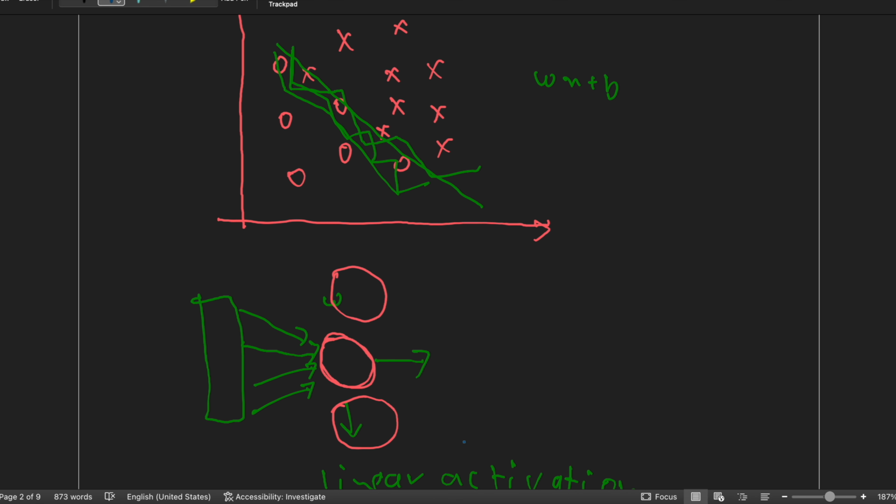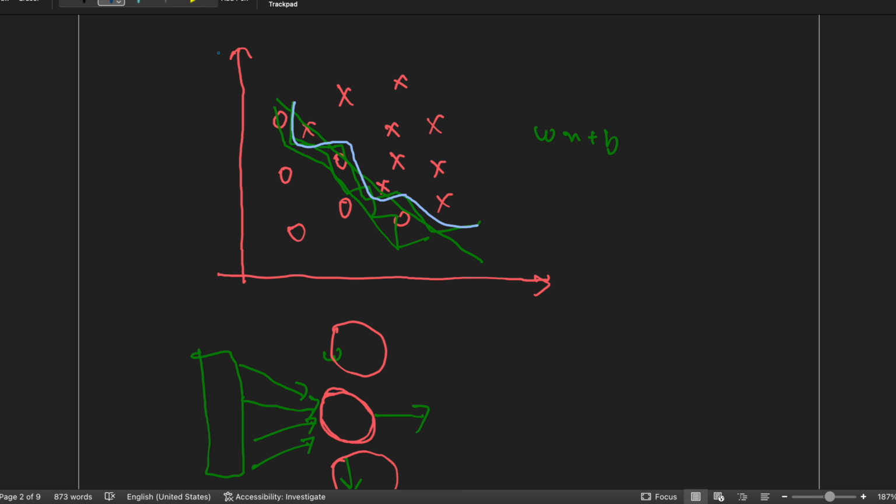So is this the perfect line for it? If I copy the line, it goes like this, and like this, and like this. So this is our classification line.